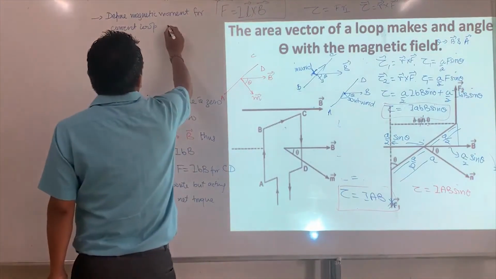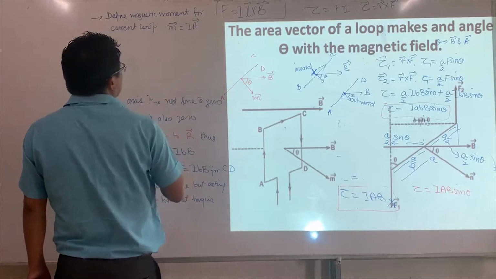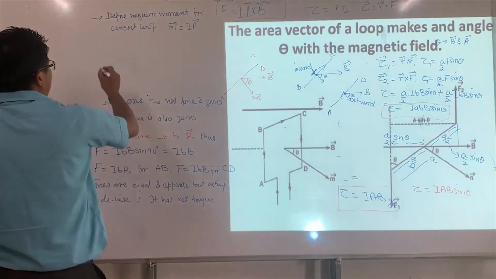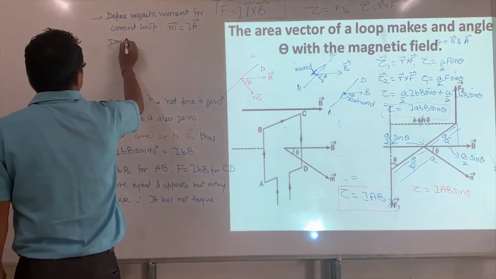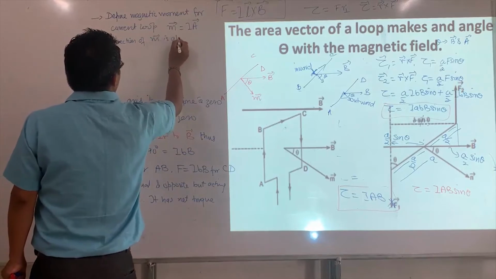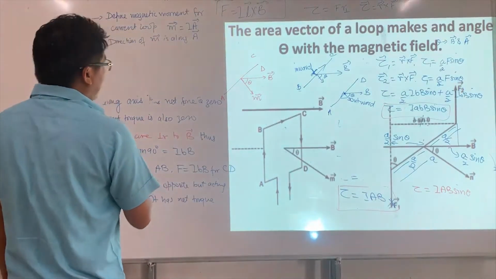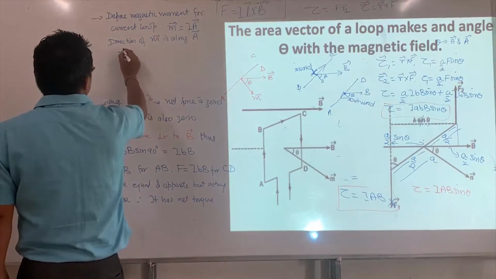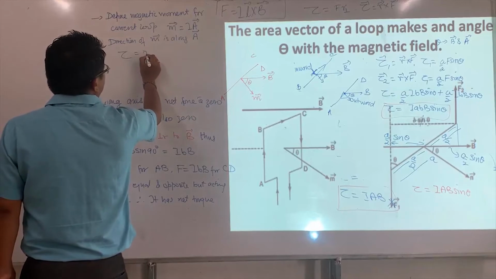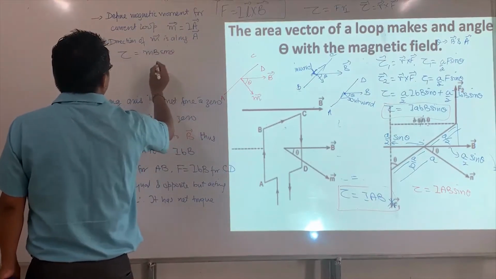So magnetic moment is M equal to IA. A is the area, and N is the direction. So the direction of M is along A. Now having this, and I substitute that, this is going to be MB sine theta.